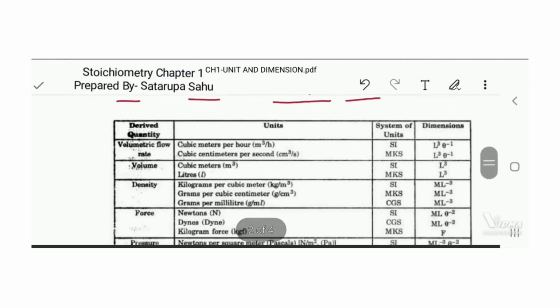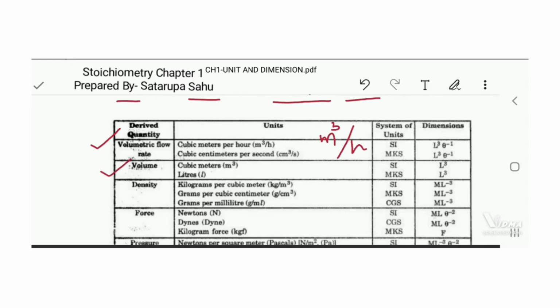This table represents the units for different derived quantities. Let's come to the first, the volumetric flow rate. Volumetric flow rate means volume per time. So the unit of volume will be meter cube, and for time it's hour or second. So it will be meter cube per hour or centimeter cube per second.